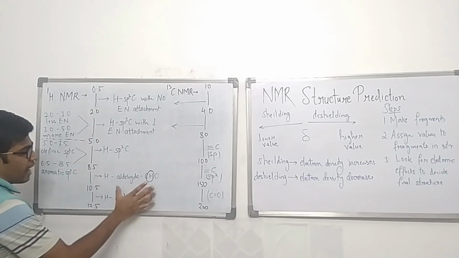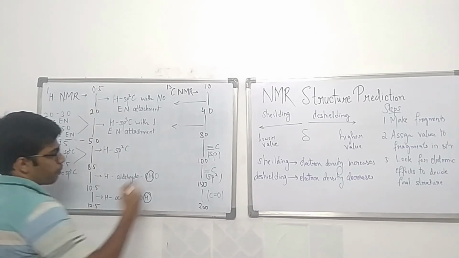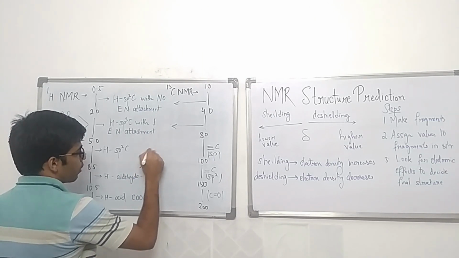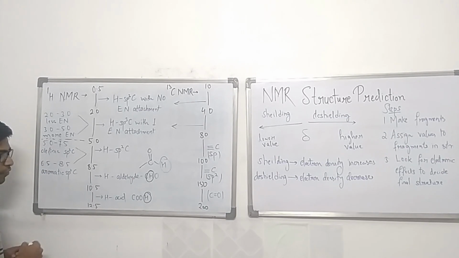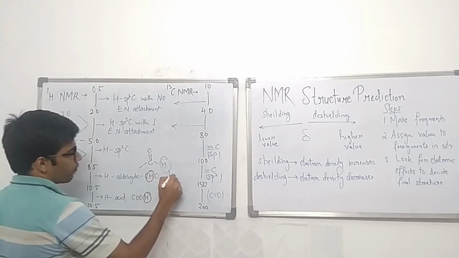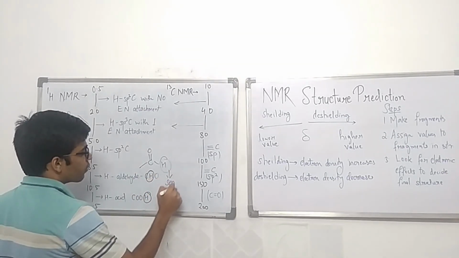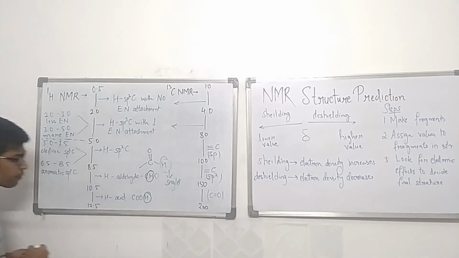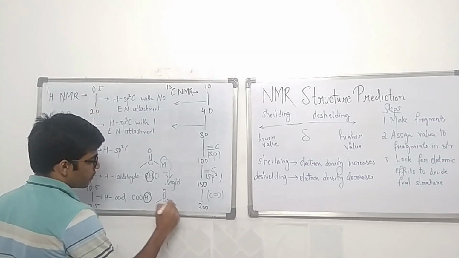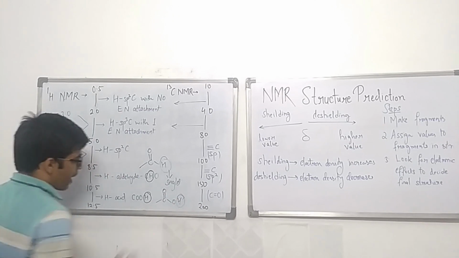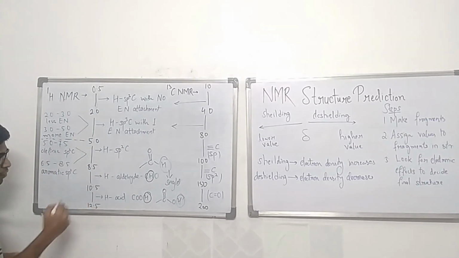Then for the aldehydic proton, that means I'm talking about this proton, this comes in the range of 8.5 to 10.5, and obviously it will be a singlet. And lastly, the carboxylic acid proton, that means just the OH, and again this will be a singlet, and it comes in the range of 10.5 to 12.5.